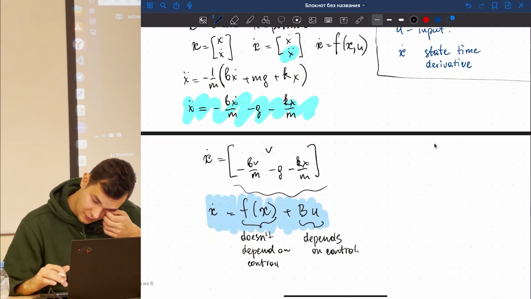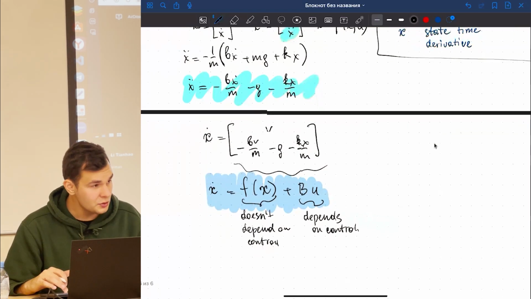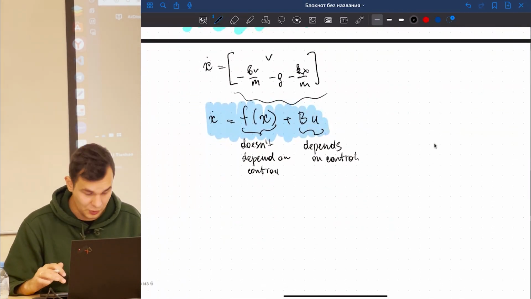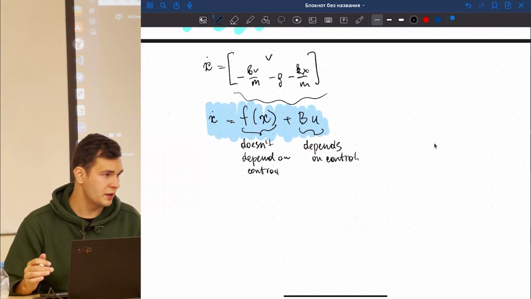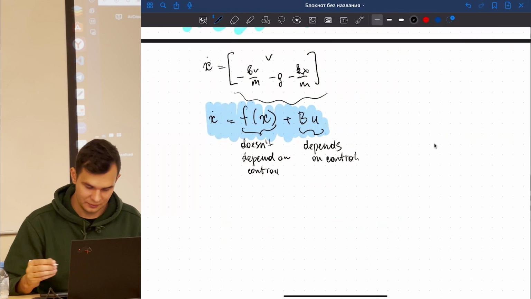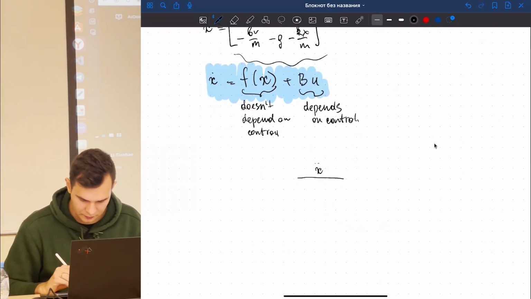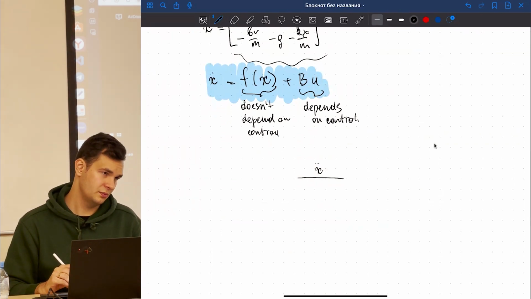So let's assume for some reason that you have a value for the acceleration, x double dot. What should you do in order to find out the velocity?